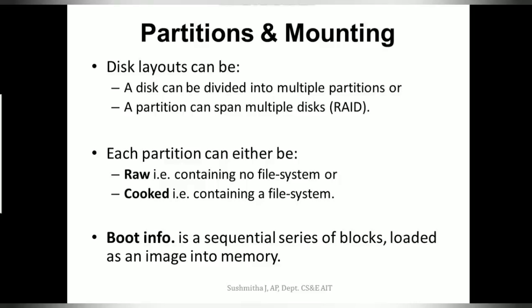The root partition, probably when we were discussing about your file mounting, you saw the root and you saw various other directories. So here the root partition would contain the operating system kernel, and sometimes it also contains other file system that is mounted at the boot time.